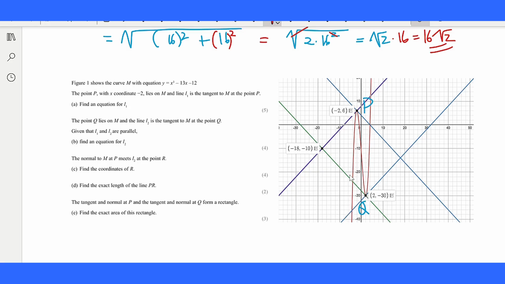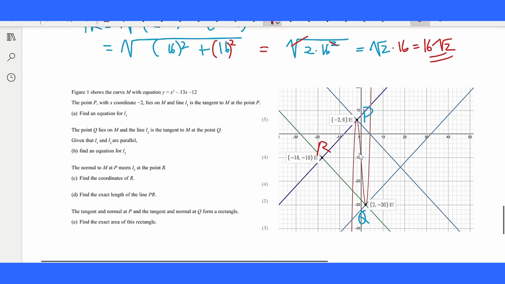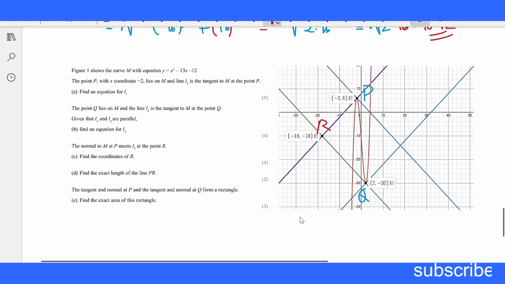Then we have to know the length of RQ. We already know that the length of PR is 16 root 2. Of course for the area of a rectangle we need to know length times breadth. PR is already found, so let's count the length of RQ.